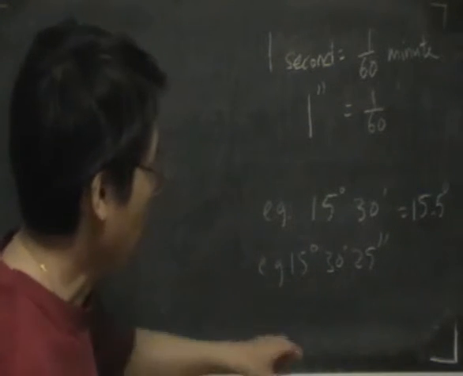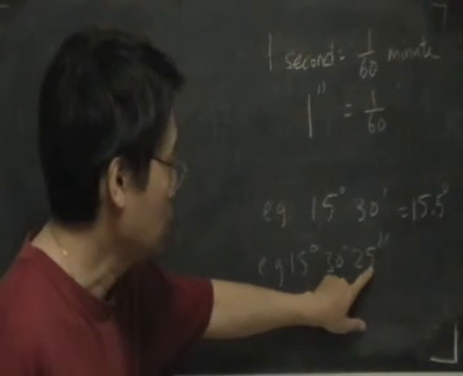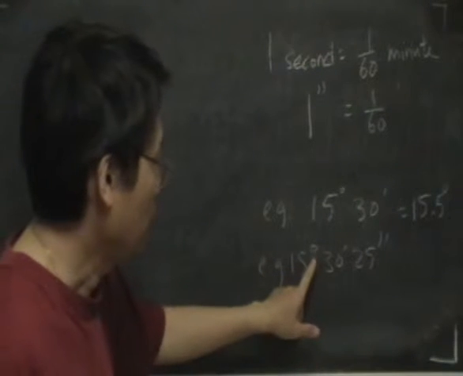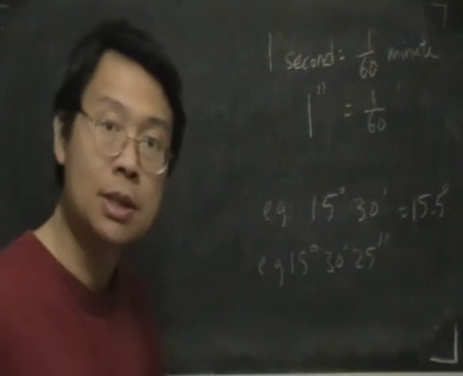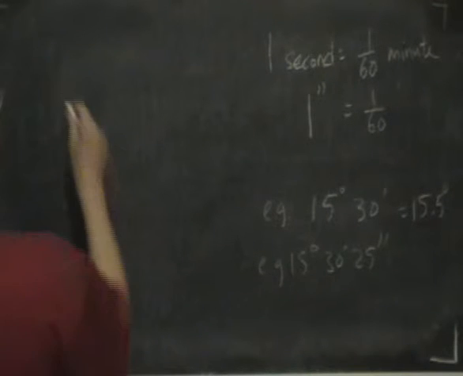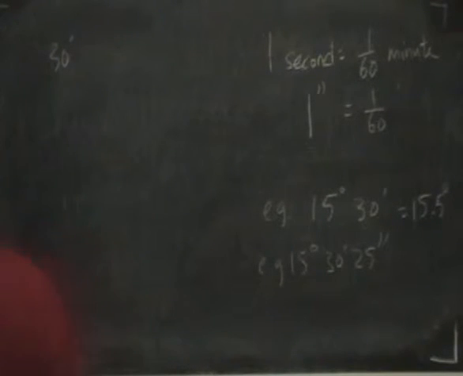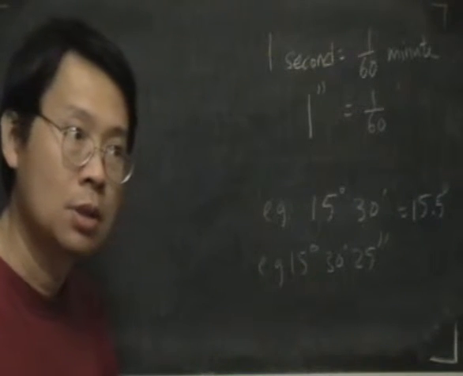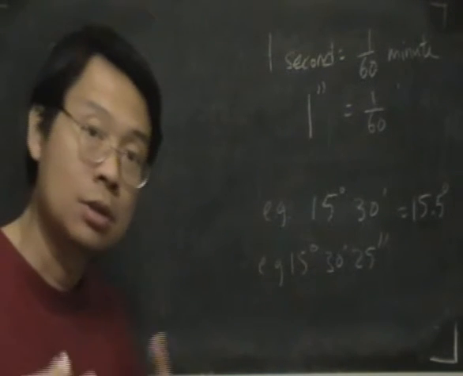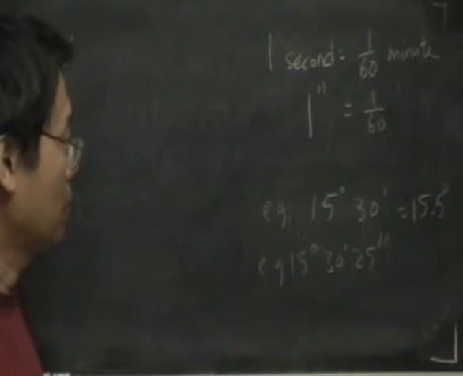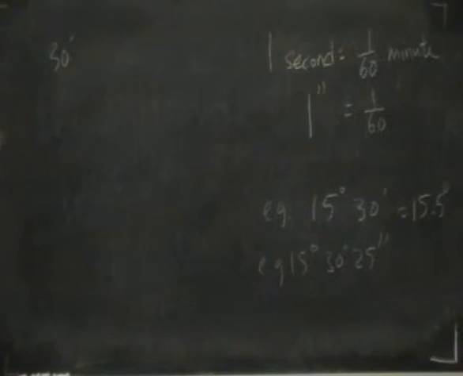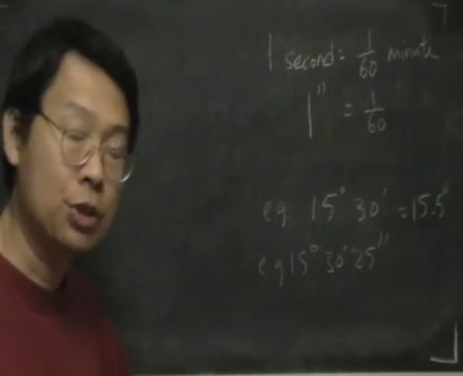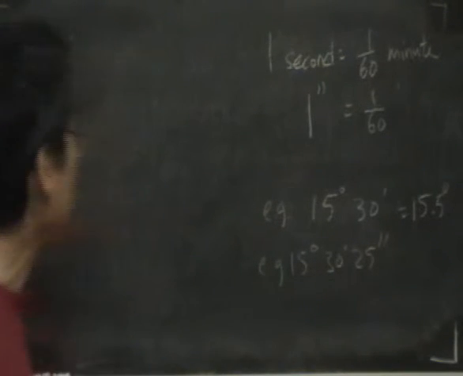Right, so first of all, we can look at each of these one by one. 30 minutes. If I have just the 30 minutes, how do I convert it to degrees? What is 30 minutes in terms of degrees, or as a fraction or decimal of the degree?